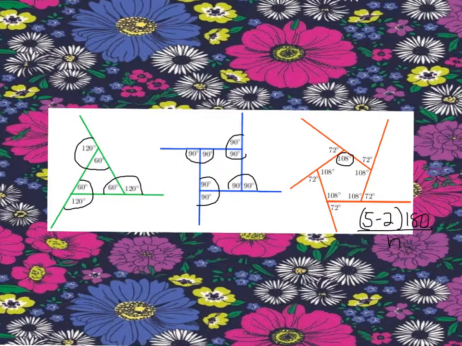And then if you add up all of these 72s, they will also equal 360, and those are all the exterior angles. And once again, 72 plus 108 is 180, 180, 180, 180, and 180. So on this slide, we discussed interior angles, exterior angles, and the fact that straight angles will always add up to 180.